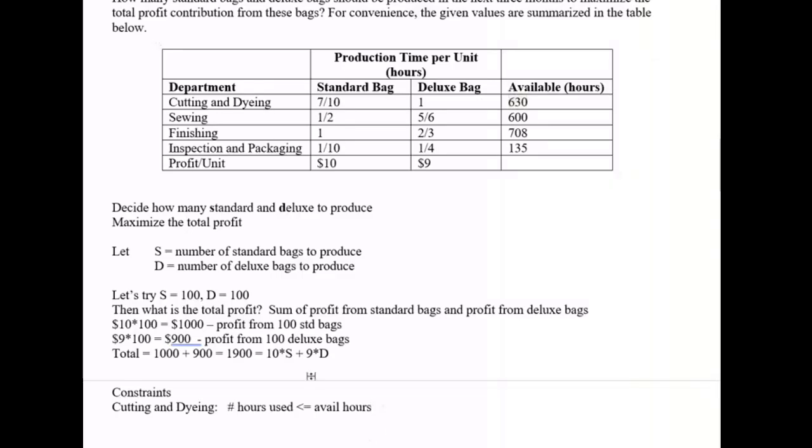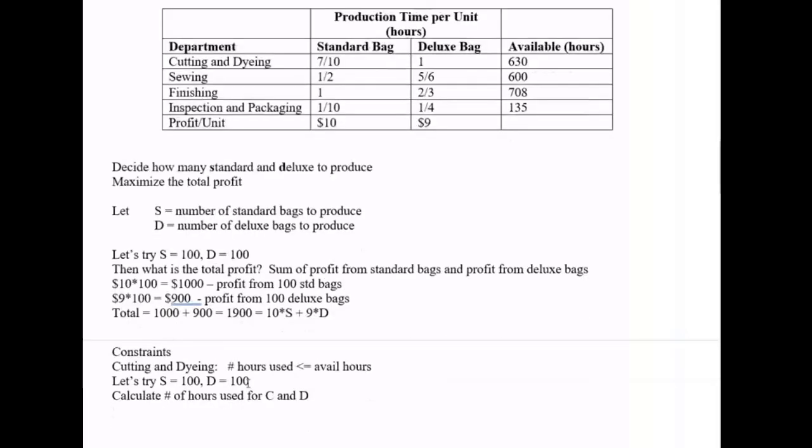So we just need to figure out this expression, number of hours used. Okay, so again, to make it a little bit easier, let's calculate the number of hours used for cutting and dyeing. So if we're to make 100 of each, then how many hours are we going to use in the cutting and dyeing department?